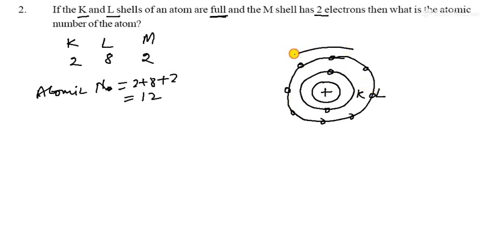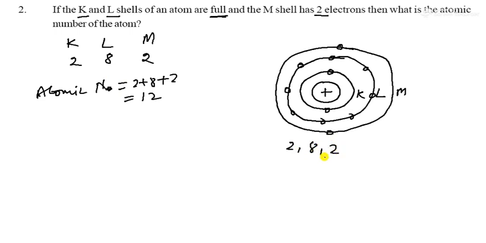And in the last orbit there are 2 electrons, and that orbit is called M. So there are only 2 electrons, 1, 2. So the electronic configuration is 2, 8 and 2. Structure of atom. So you can say the atomic number is this, your answer.